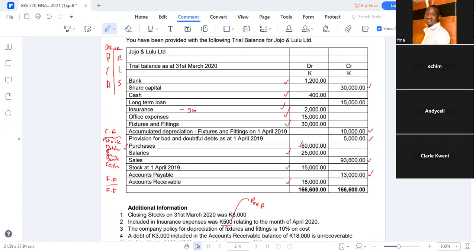I'm sure some of you are totally lost on what we're talking about. Okay, so let me just share the format of the income statement and the format of the financial position.